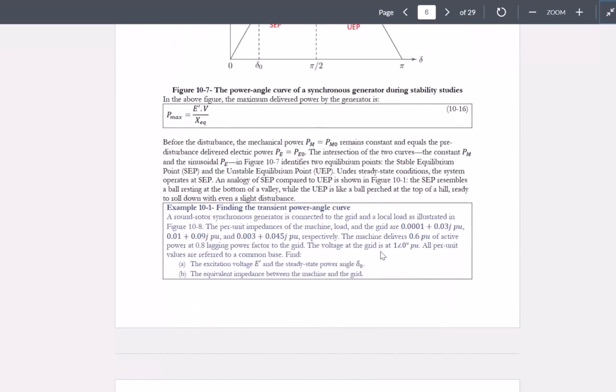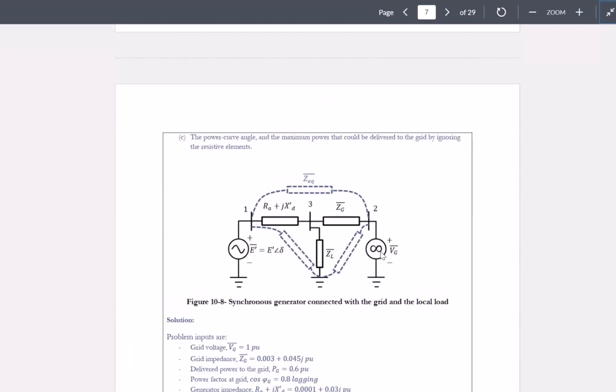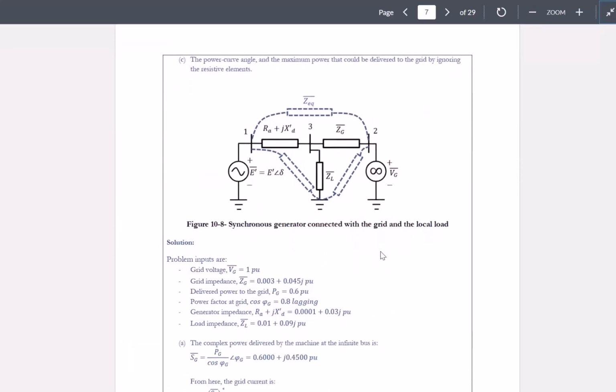All right, so we did some examples. For example, here we have a system consisting of a synchronous generator, an infinite bus, a line connecting the synchronous generator with the infinite bus, and an equivalent load represented as its equivalent impedance. In order to study this system, we need to come up with an equivalent impedance between the internal source, which is bus 1, and the infinite bus, which is bus 2.